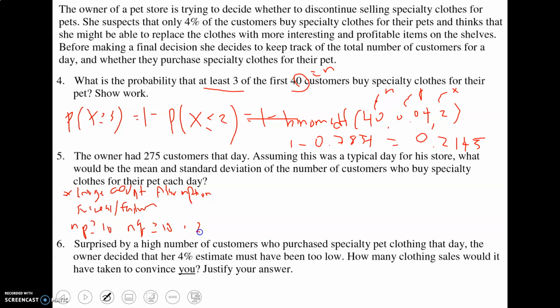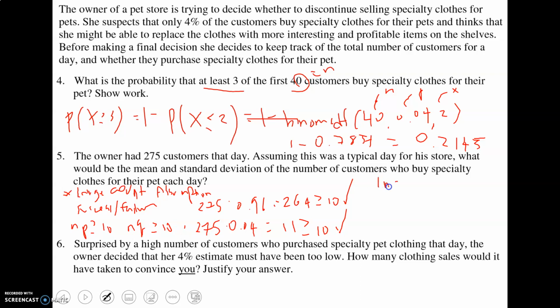So n is 275, and p is 0.04, and that is 11. So 11 is definitely greater than 10, so check. And then we need to do 275 times 0.96, which is 275 minus that number, so it's 264, which is greater than 10. Check.